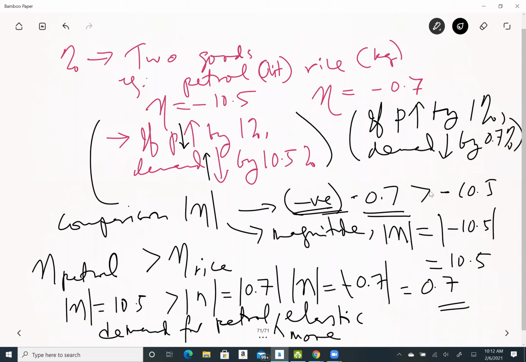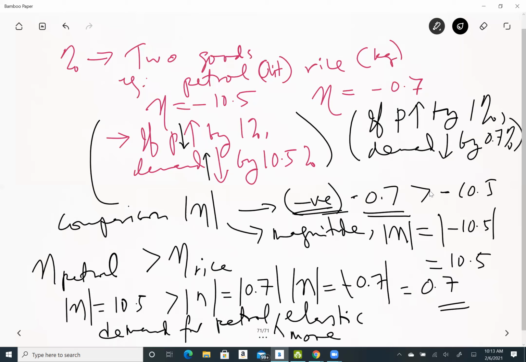After we understand this idea of magnitude, you don't have to write in terms of the absolute value. You just get the higher number in terms of positive sign, and that will be more elastic. In other words, we look at the reaction of the demand to the price change.